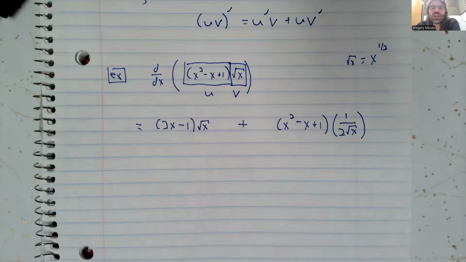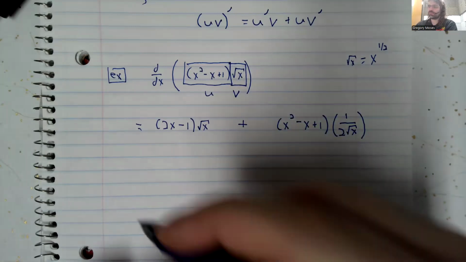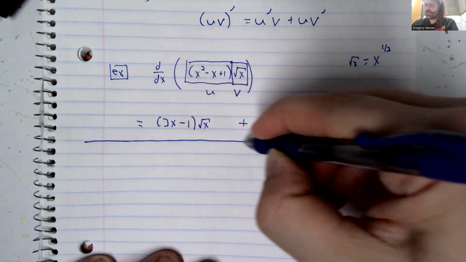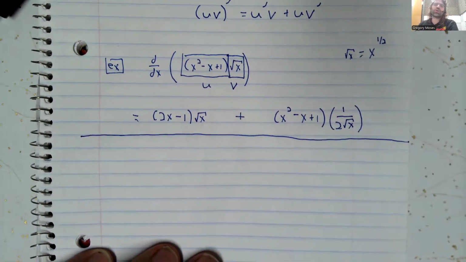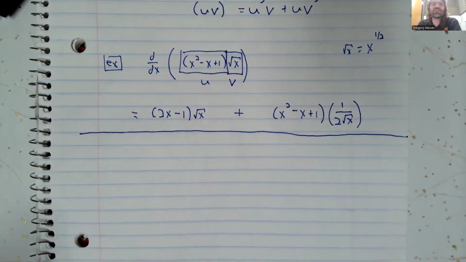You start with a function that doesn't look so bad, and you take its derivative with the product rule, and now you have a function that's messier than what you started with. That's just a fact of life when we are doing calculus with products. And of course, products are a fact of life as well.